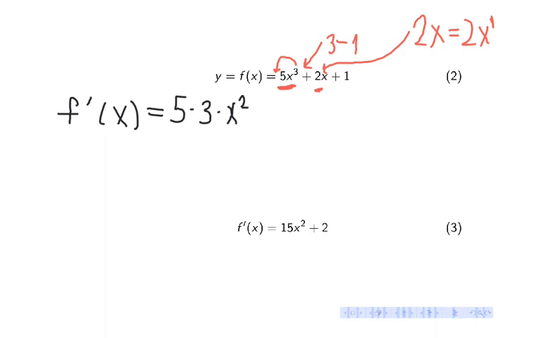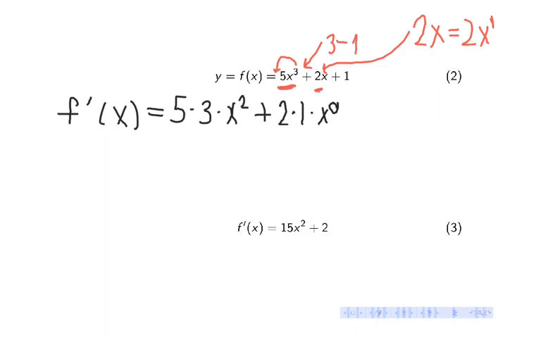Hence, if we think about 2x as being 2x to the 1, we can apply the same logic we did to find the derivative of 5x cubed. And that is, plus 2 times 1, because we take that exponent down, times x to the 1 minus 1, which is 0.